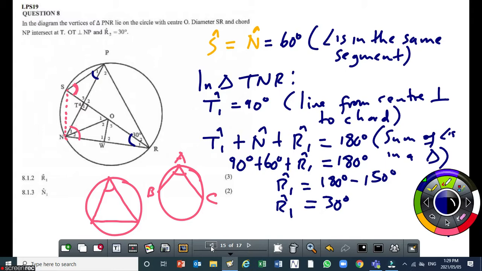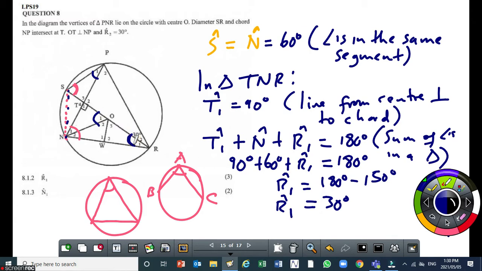So first of all, I said that O1 is equal to 2 R1 because the angle at the center is equal to twice the angle at the circumference, subtended by the same arc. Yes, that's correct. This chord subtends that angle, and it also subtends this angle.